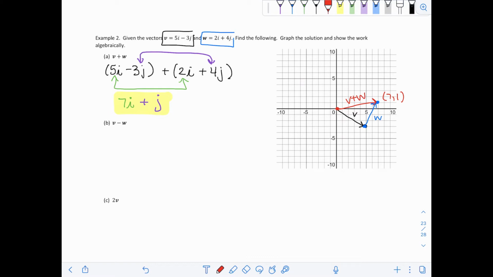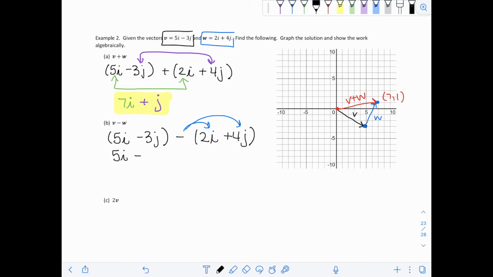And now let's look at subtraction. For this one, let me do the algebraic part first. So that would be 5i minus 3j minus w, 2i plus 4j. With subtraction, we always want to be careful because it's easy to forget to distribute that negative. So before I would combine like terms, I would distribute that negative.